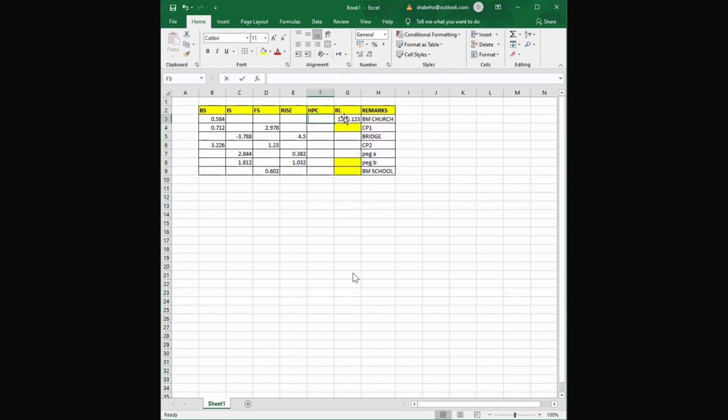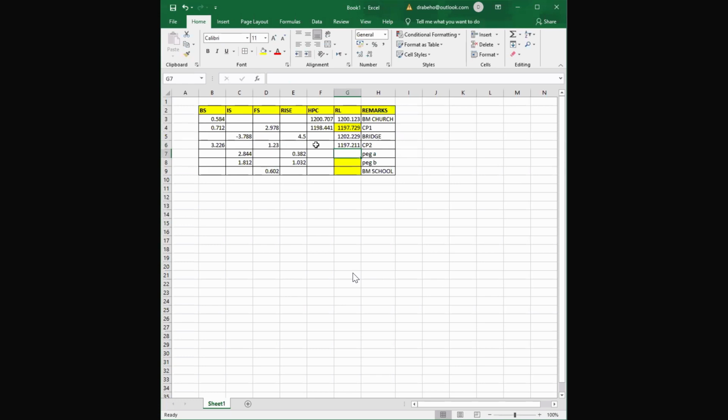So the first height of collimation is the reduced level plus backside. Then the reduced level of CP1 will be the height of collimation minus the foresight. The height of collimation at CP1 will be reduced level plus backside. The reduced level here will be the height of collimation minus the intersight. The reduced level at CP2 will be the height of collimation minus the foresight.